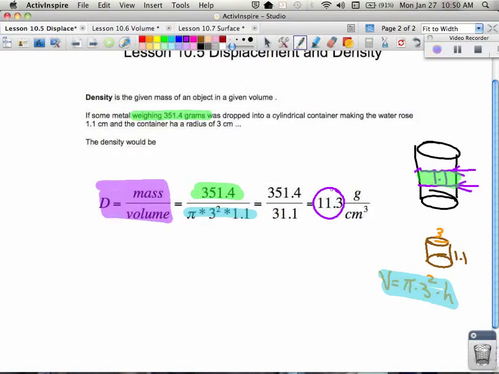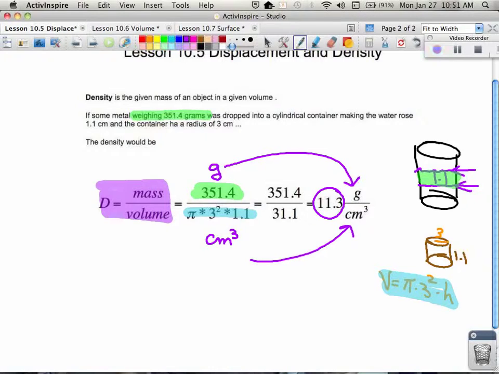So on the top, we know that our label was grams, because they told us it was in grams. And we know that volume is always in something cubed, and so that we have centimeters cubed. And when you look over, this is the label that we see for our final answer, grams per centimeter cubed. So density is mass divided by volume.